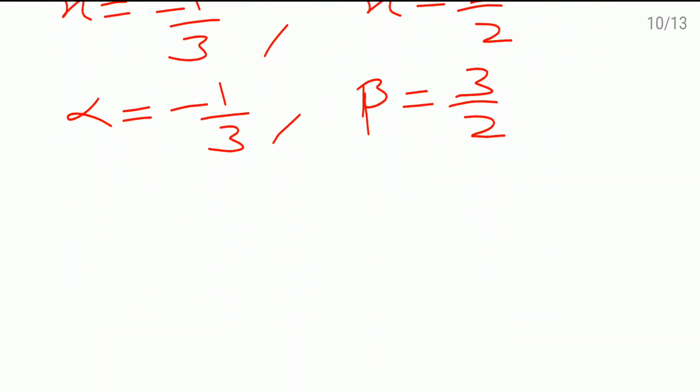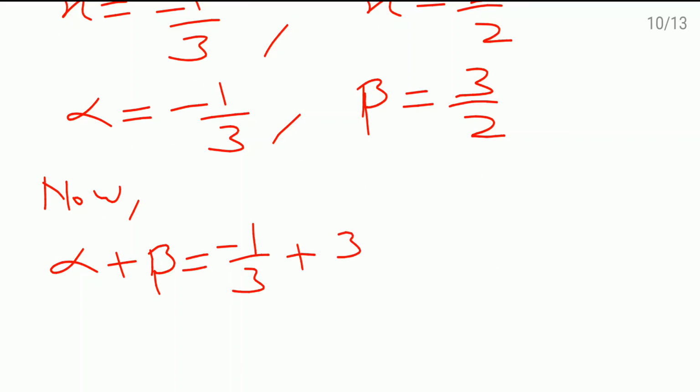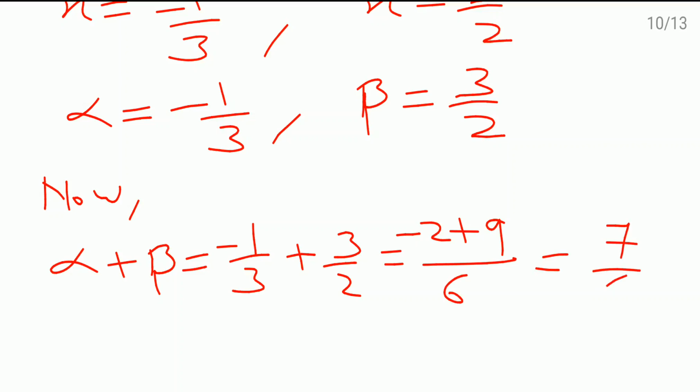See here. Now we'll find out the sum of the zeros. Minus 1 by 3 plus 3 by 2. We'll do the LCM. Minus 2 plus 9 by 6, which comes as 7 by 6. And here minus b by a. So minus the value of b is what?